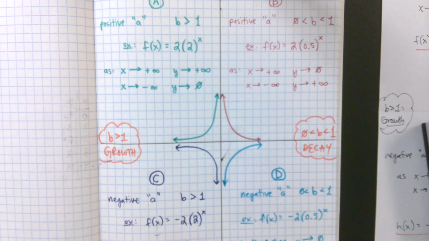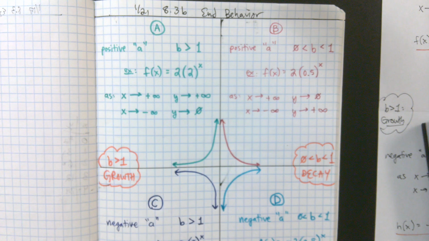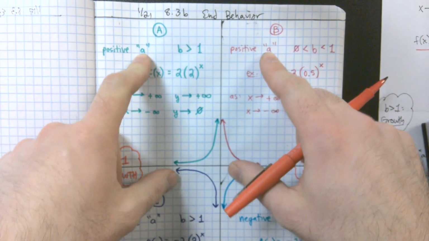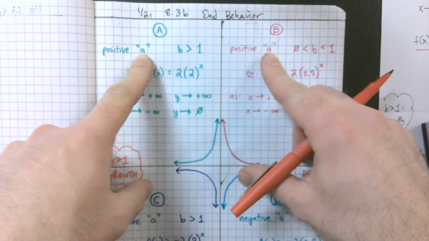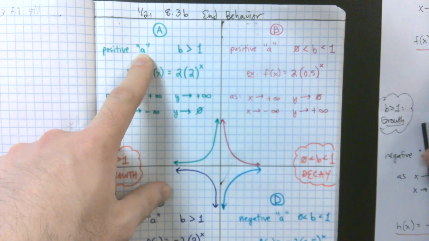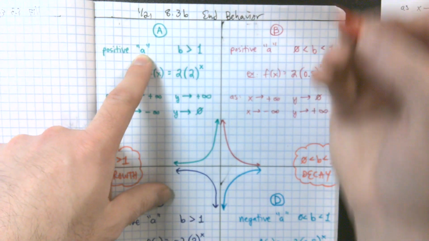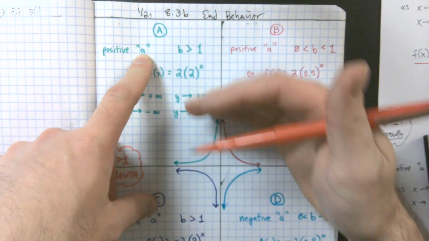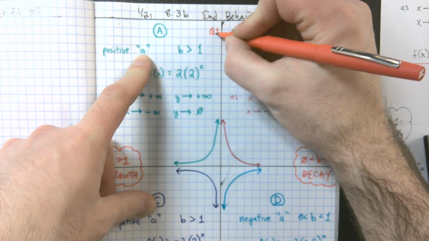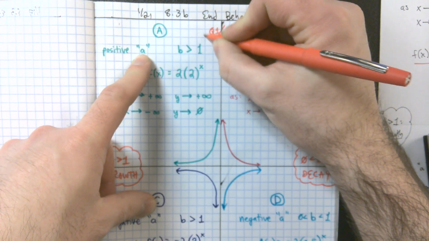Okay. Another thing to notice, hopefully, is if my a value is positive, right? A is like my y-intercept. So if I have a positive y-intercept, then my function is going to be above the x-axis. So quadrants 1 and 2.